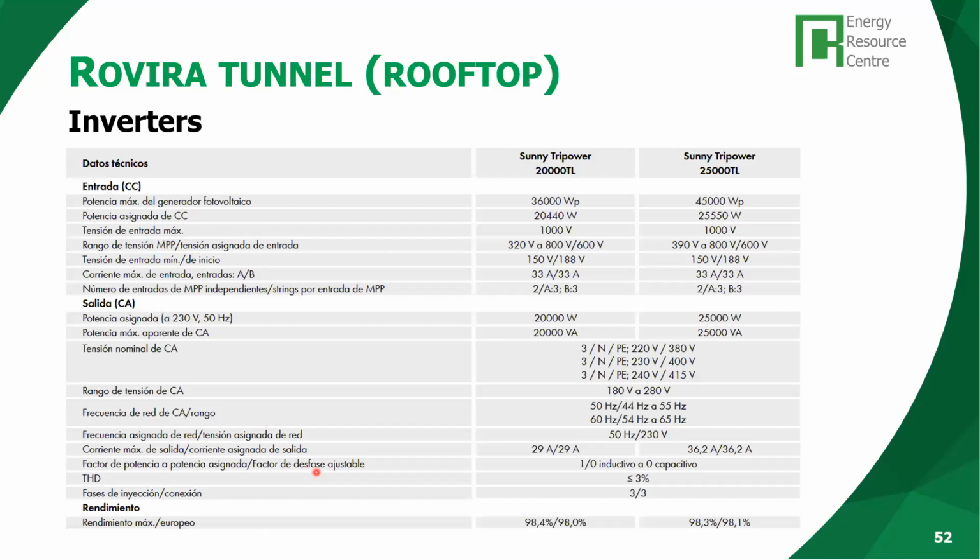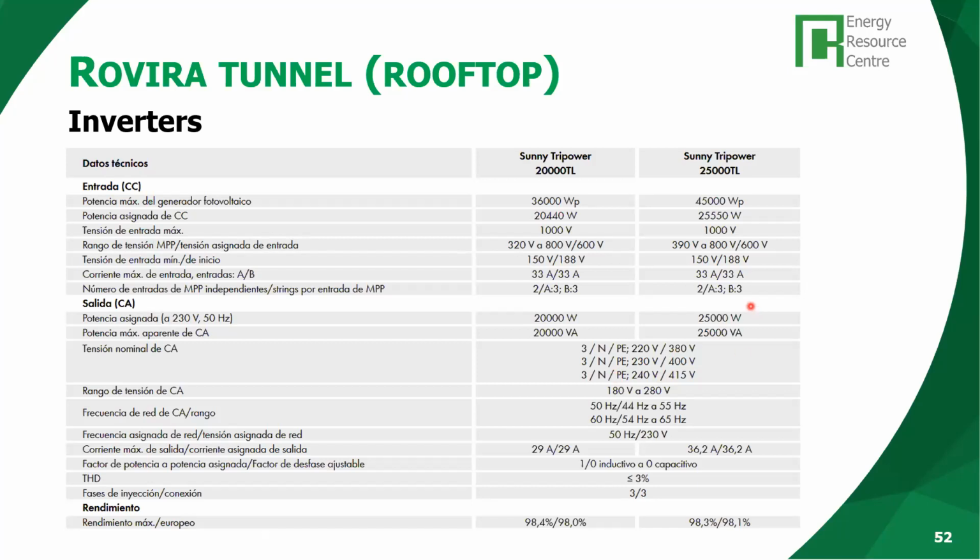Specifications of the inverter. I don't think we have more issues to comment on here. The output of this inverter, we have it here, the output conditions. You chose this model here, 25 kilowatt, yes, because we have 78 kilowatts peak of modules.